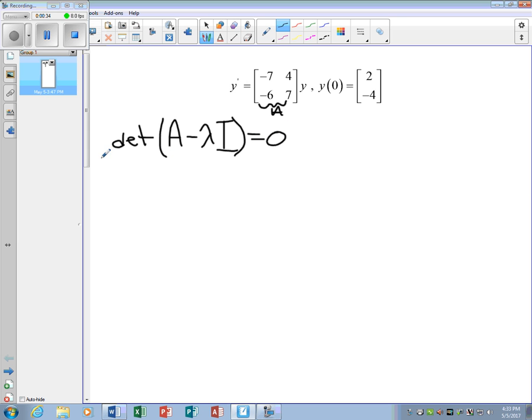So let's put it in terms that we can understand from the matrices. So here we go. The identity equals the matrix 1, 0, 0, 1. So it just helps us know what we're doing here.